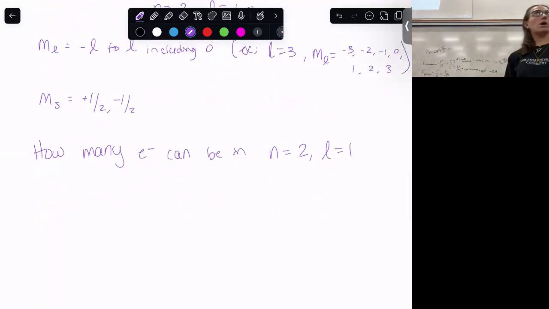If we were to write the quantum number, we know that we have 2 and that we have 1. But now we're left with m sub L and n sub s. So what options can go into m sub L? What can go into that third position?